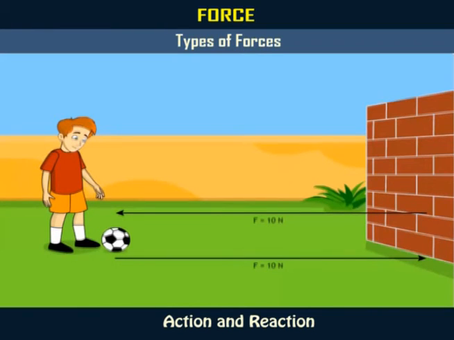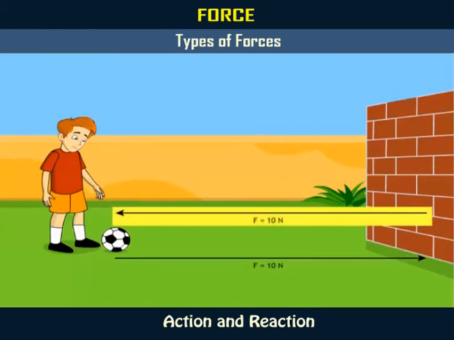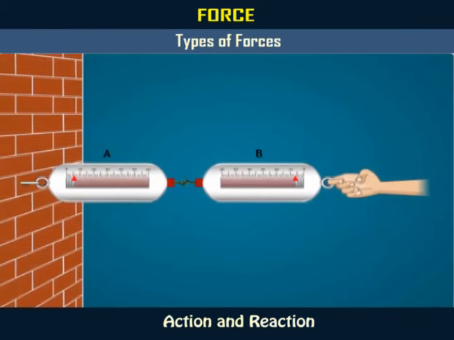In the case of the boy, the action force is acted on the wall by the ball. The reaction force is acted on the ball by the wall. We can verify this using two spring balances.